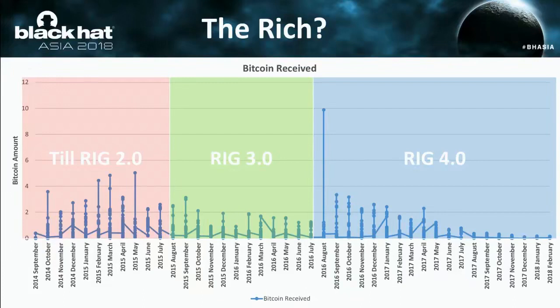Okay. Here, whenever a new version comes out, we have a lot of income. So here, a bit high, the new version. We think that this is maybe between RIG version 1 and 2. This is just for your info.